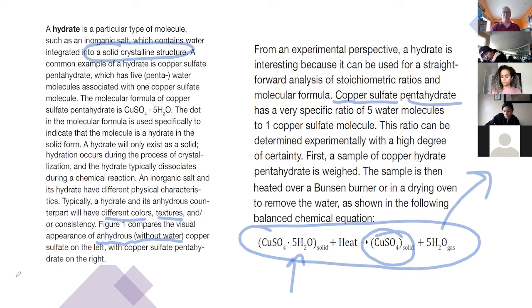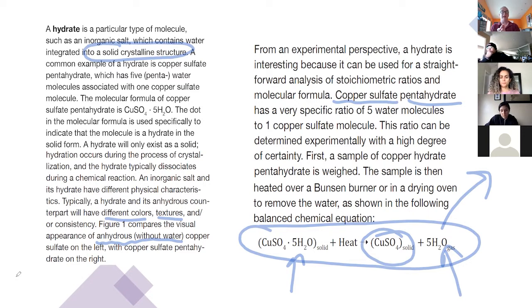And any difference should be the mass of the water. Because like with every chemical reaction, we have conservation of mass. So if we start with the mass of a starting material, a reactant, and we measure the masses of whatever products, they should add up to be exactly the same thing.